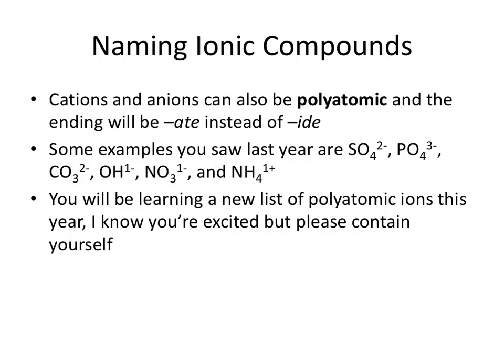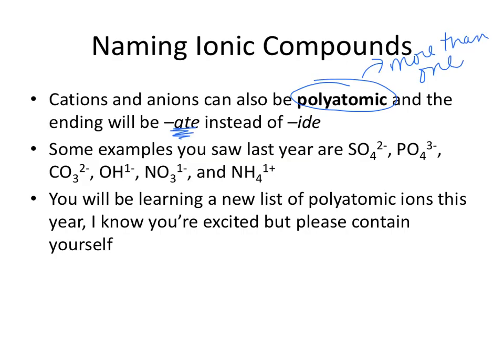Alright, so now we're going to move on and talk about what a polyatomic ion is. The ending is no longer going to be "ide," it's going to be "ate" this time. Polyatomic means more than 1, so you've got more than 1 element as your anion.